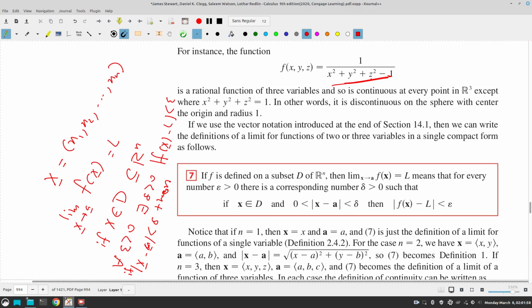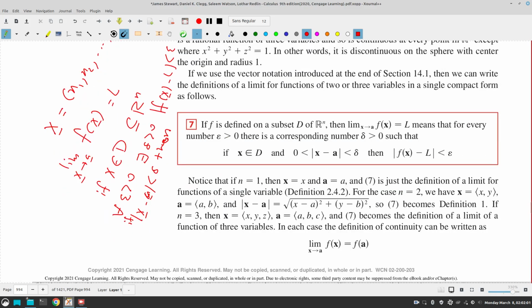So this is the most general way of stating it.